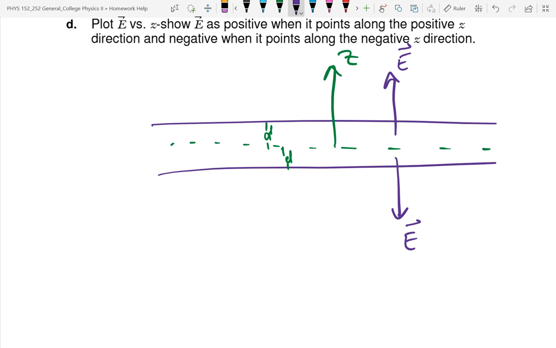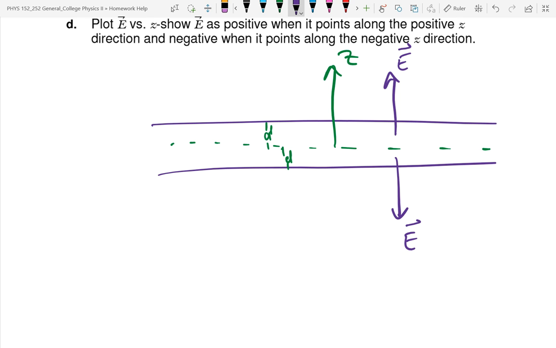So based on that, what is the electric field right in the center? Right in the center where the dashed line is, what's the electric field? It's 0 right here, because you're changing from this direction to this direction, it's 0 in between.